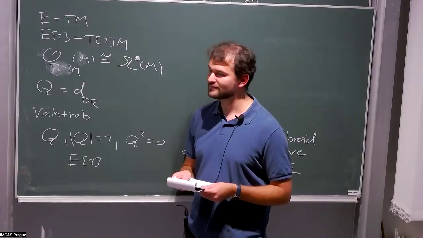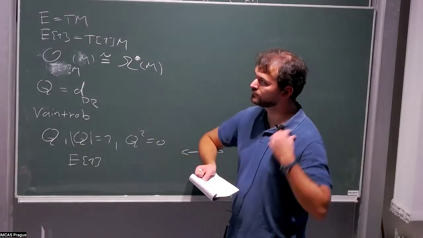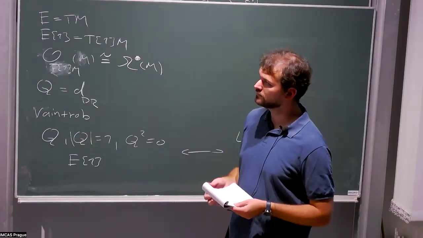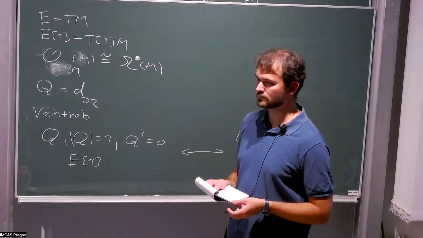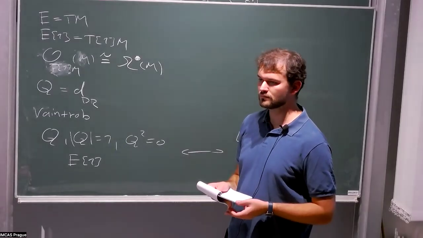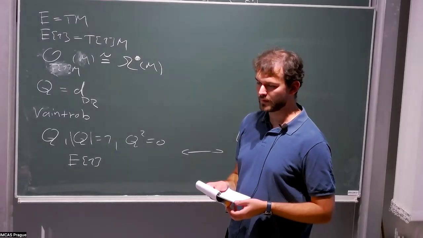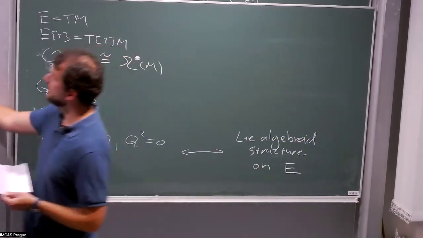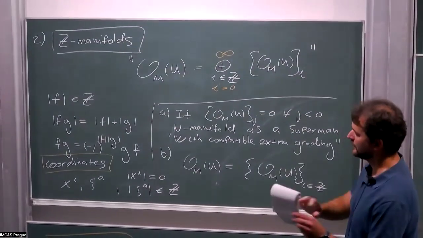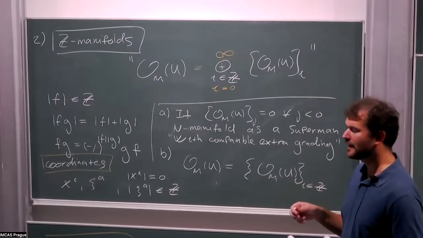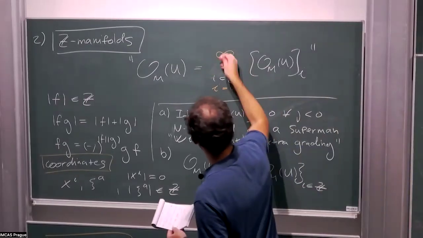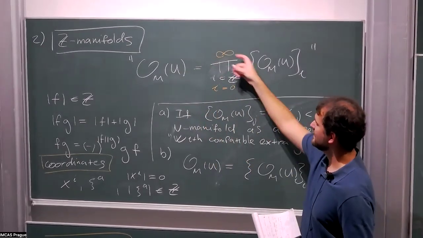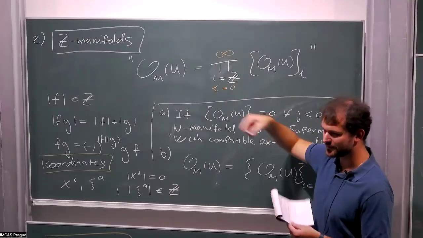You mentioned in the definition of the Z-manifold that this does not define a sheaf, and you mentioned two ways to fix it. But if you have a presheaf on some topological space, there's always sheafification. What would happen if you take the sheafification here? I didn't make any calculations, but I think you would get a direct product here. But this is not very nice to work with because it's too infinite.